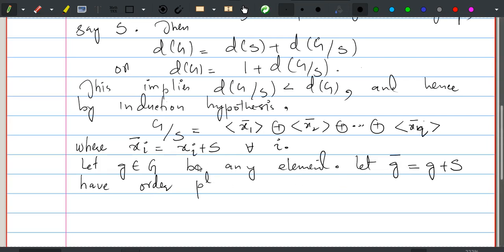Note that G being p-primary, G/S is p-primary as well. So that is why its order must be some power of this prime p. So g bar has order p^l in this group G/S.